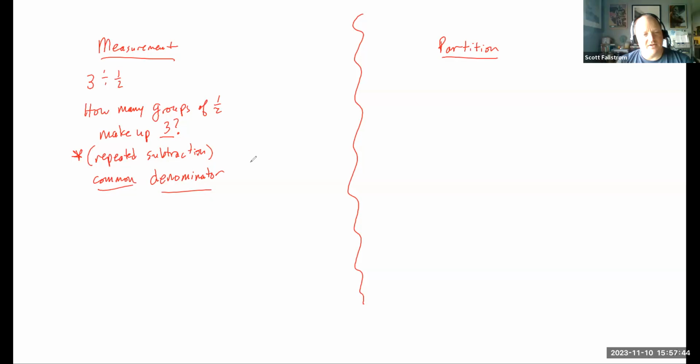Let's try to find what is 5 1/4 divided by 2 1/3. Okay. So 5 1/4, but I'm going to divide it up by groups of 2 1/3. So again, if you wanted to, you could draw 5 1/4.